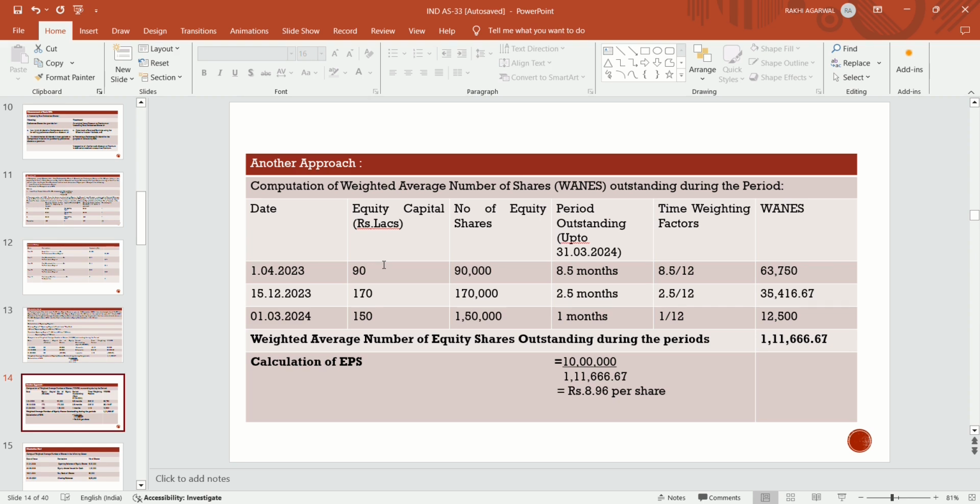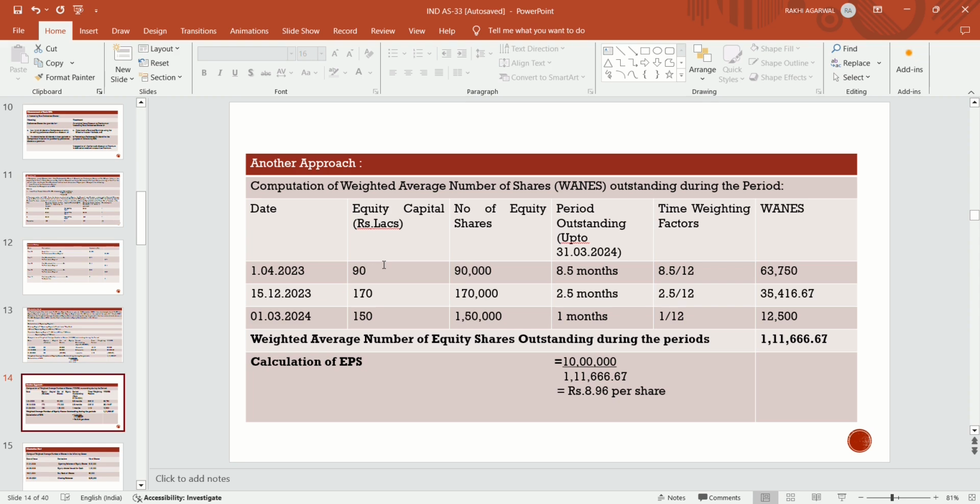How much? 80,000 shares. So on 15 December, the company issued 80,000 shares. So 90 plus 80 becomes 170. Now we will calculate on 1,70,000 shares for 2.5 months, because half a month of December, and January, February. So it's 2.5 months divided by 12.